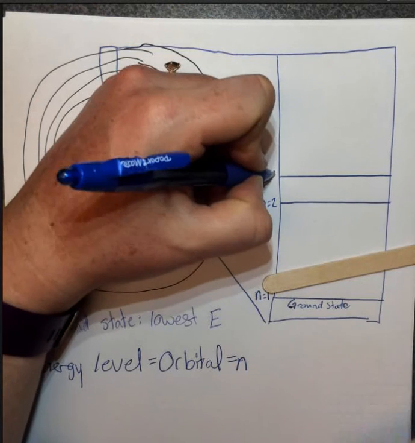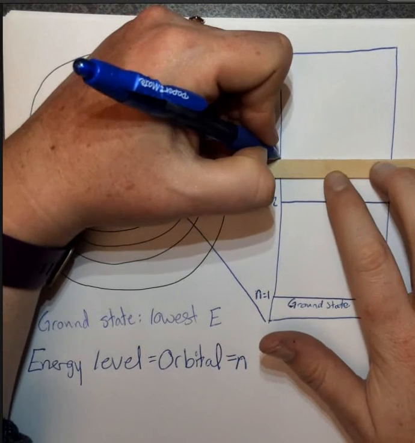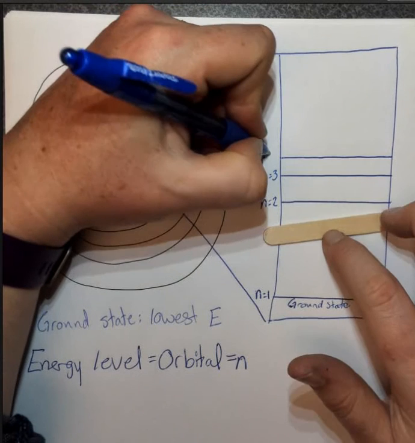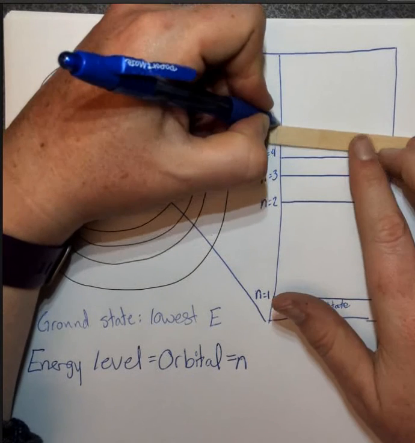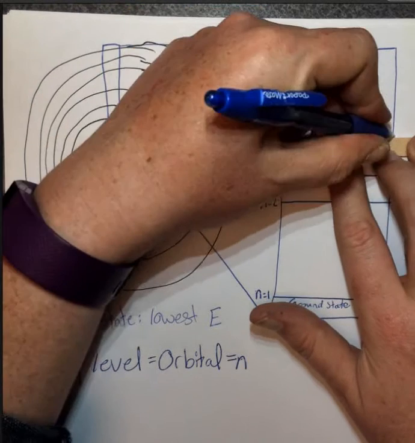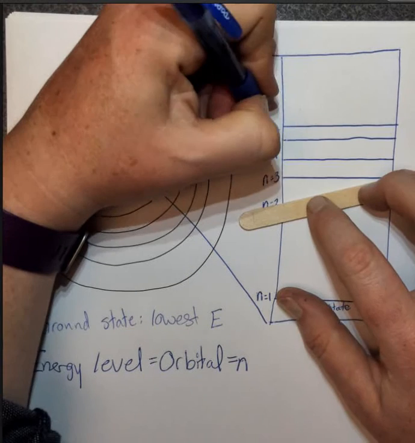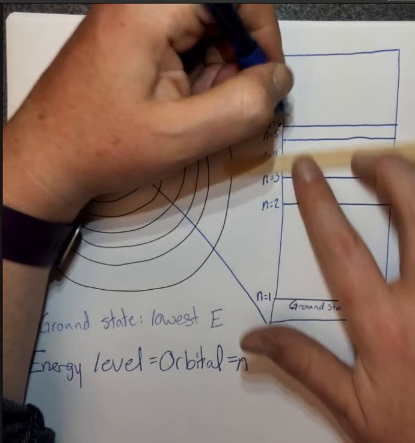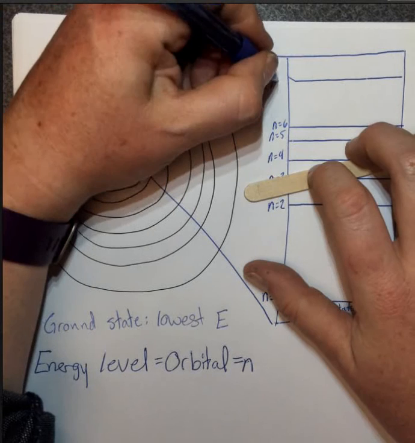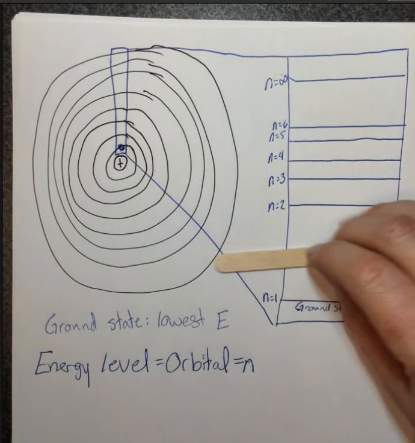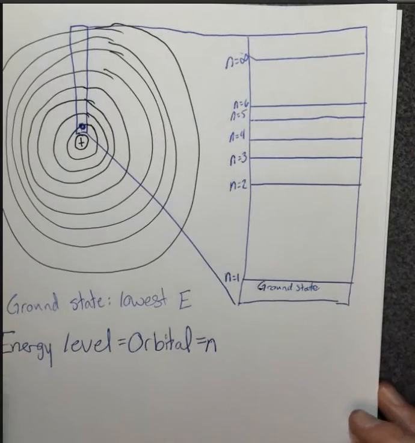And then N equals 3, N equals 4, N equals 5, N equals 6, and it keeps going up and up, and we'll say the last one is N equals infinity. Like, you could be infinity energy levels away. That's cool. If an electron makes it all the way to the top, that just means it got away. That electron left that atom, and it became an ion.